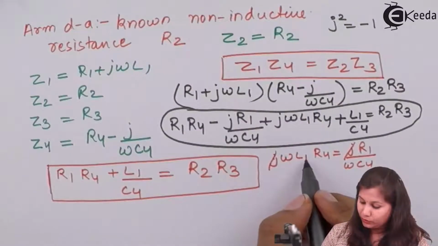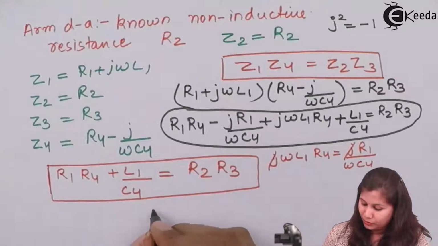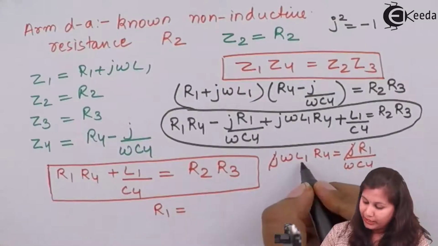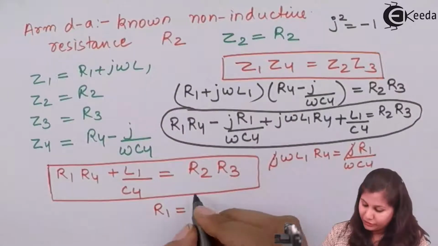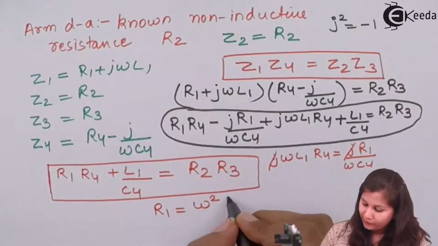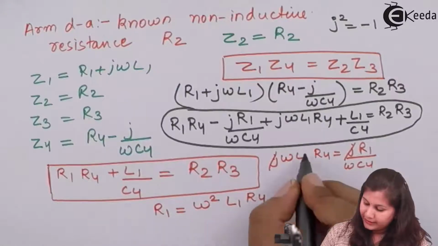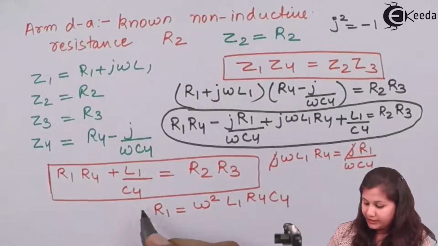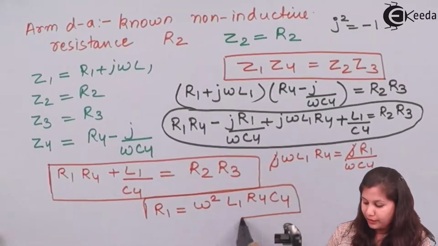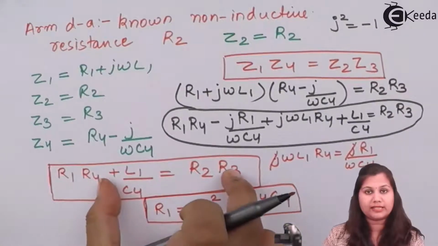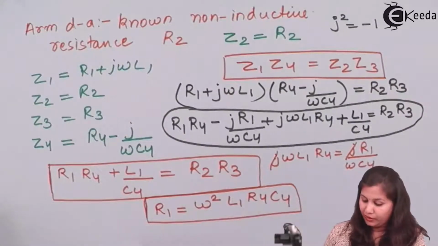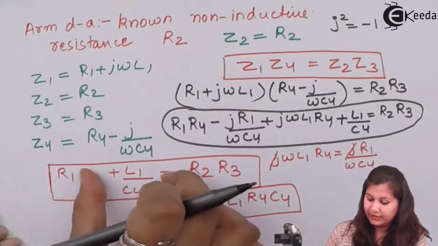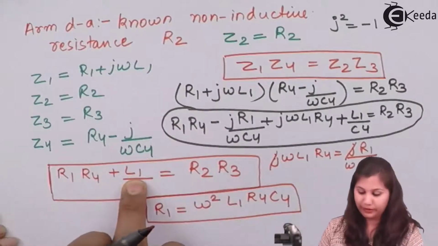If we want to calculate the value of R1, then R1 will be equal to omega square L1 R4 C4, with omega and omega multiplied together and C4 also multiplied with it. So we get the value of R1 from the imaginary part equation, and this is the real part equation. Now if we put the value of this R1 in this equation, we can get L1. So let's find the values of R1 and L1, both the unknown variables.